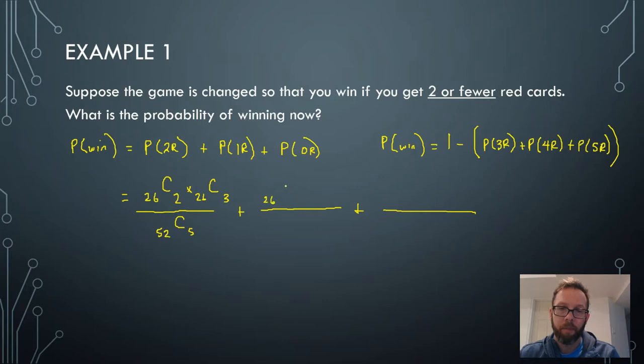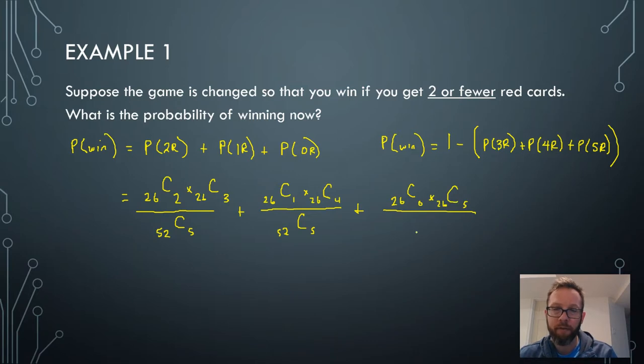Here we go. In the second calculation, our success group is 1 red card, which means we have 4 black cards. And the denominator here is always 52 choose 5. Again, the left and right numbers always add up to each other. And then finally, we have no red cards, which means all 5 cards must be black. 26 choose 5, over 52 choose 5.